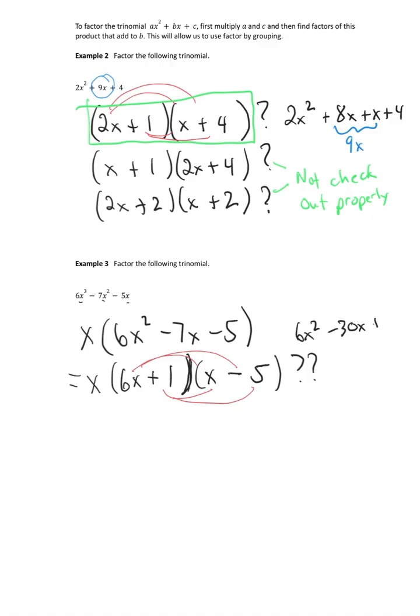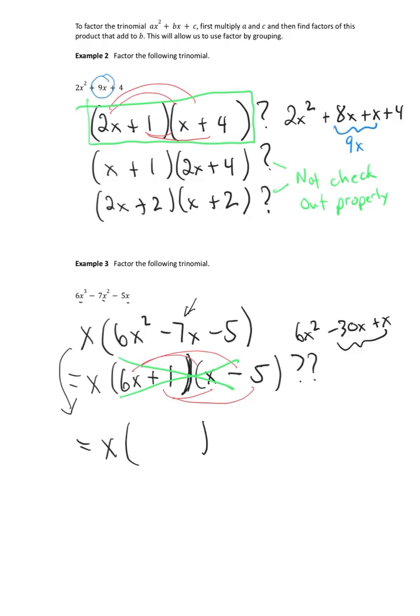And right away I'm seeing then that's way off, right? That's going to end up being minus 29x, not the negative 7x like we want. So right now I can just stop. Nope, that combination didn't work.